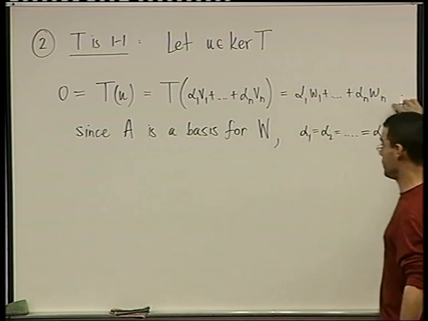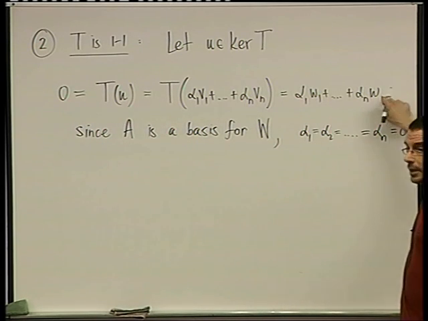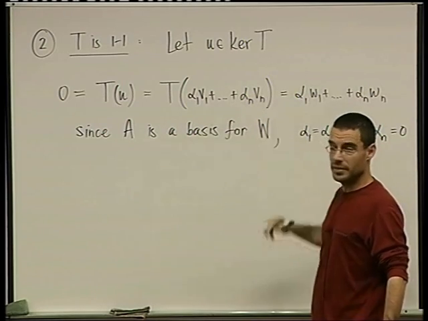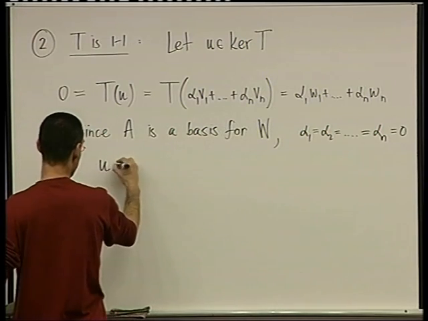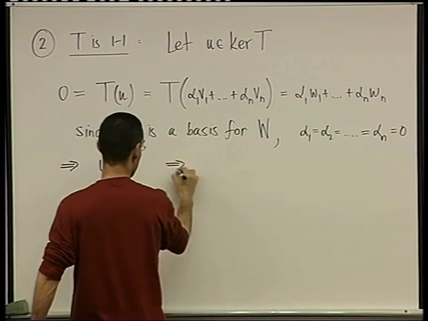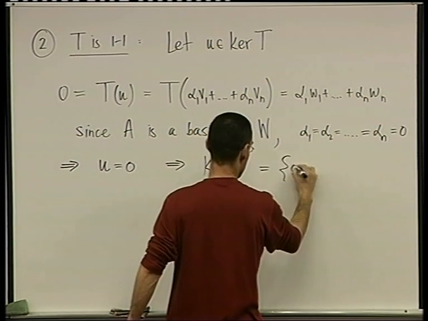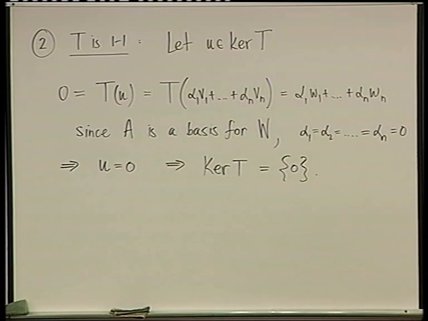All the coefficients here are 0. But if all the coefficients here are 0, that's these alphas. So u is in fact 0. So therefore, u is 0, and therefore the kernel is trivial. Okay? If the kernel is trivial, T is one-to-one. Good?